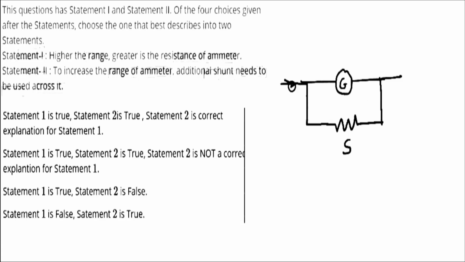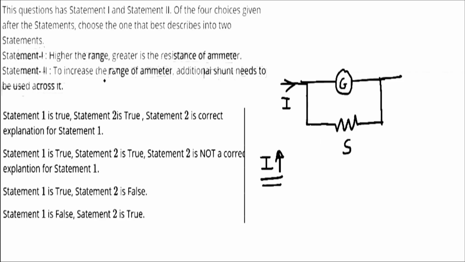Consider the ammeter has current I initially, and we want to increase the range, that means we want to increase the magnitude of current. So what do we have to change? The shunt resistance.